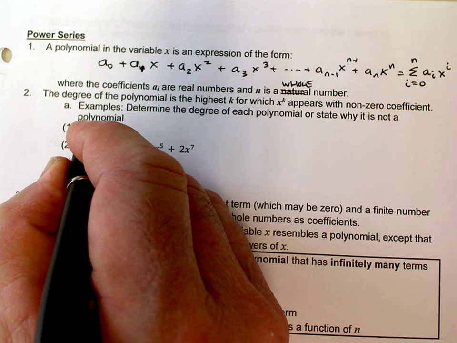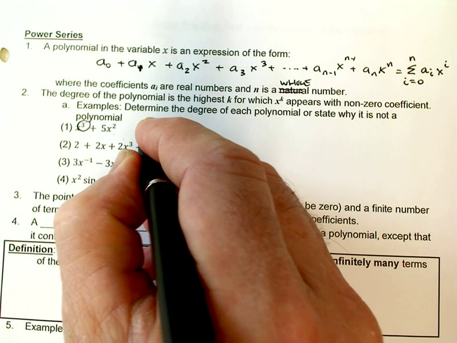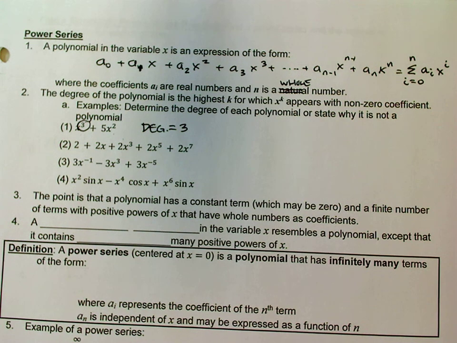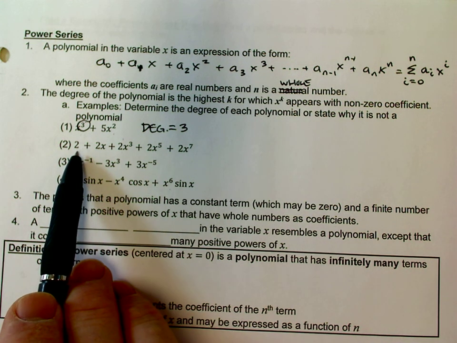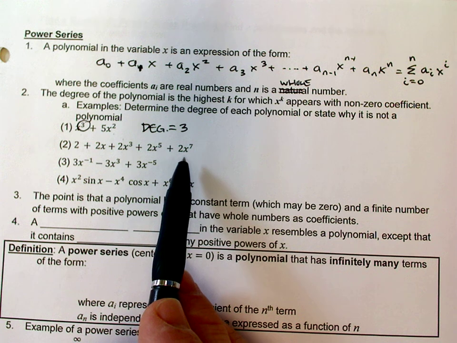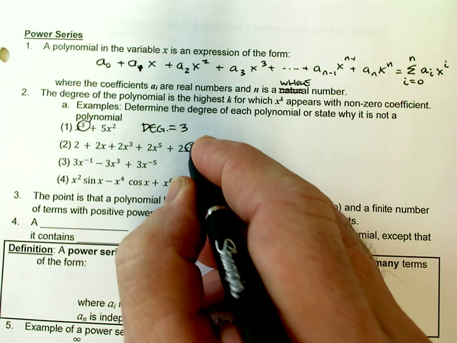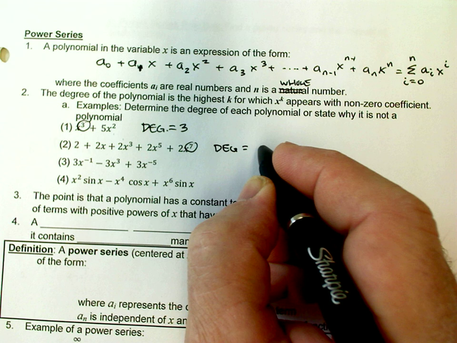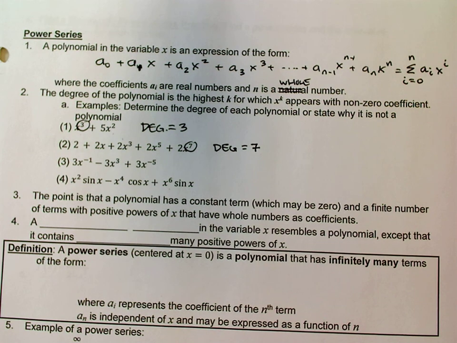The degree of 3 is the highest, so this is a polynomial of degree 3. Next one, degree of 0, 1, 3, 5, 7. 7 is the highest of each one of these terms, so this has a degree of 7.